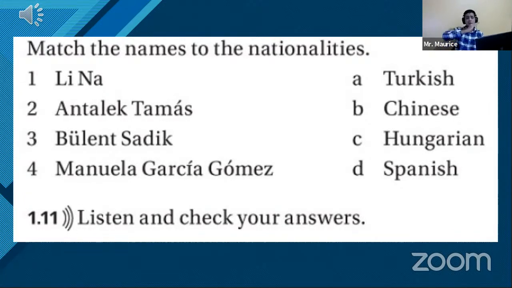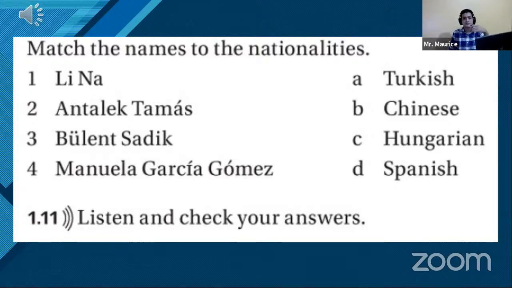Numbers 1, 2, 3, and 4, and letters A, B, C, and D. So your task is to listen and match the 2 halves with the correct information. Okay? Listen and match. Once again, you will need your notebook and your pen. Listen carefully and do it, please. Audio 1.11.